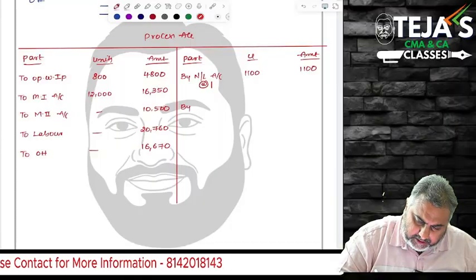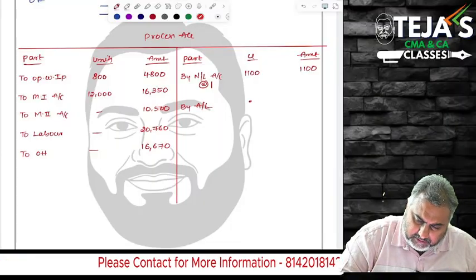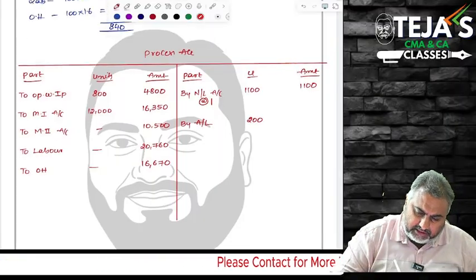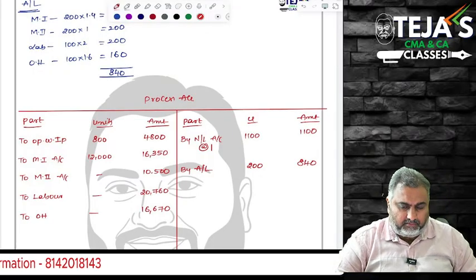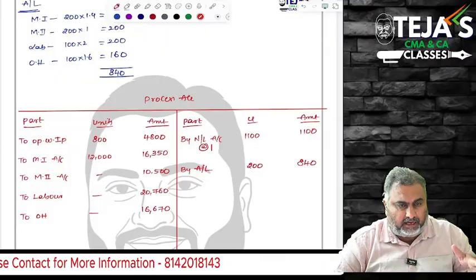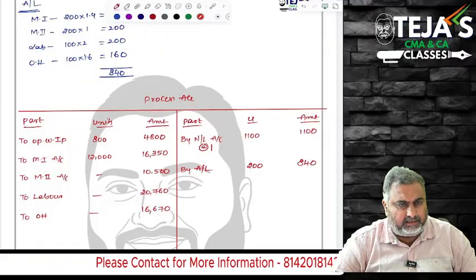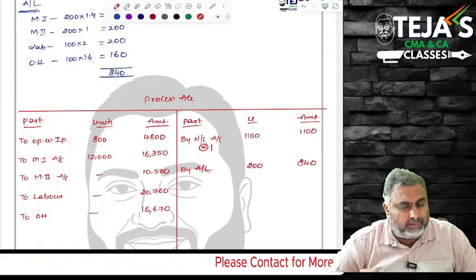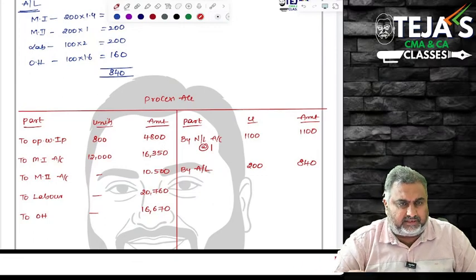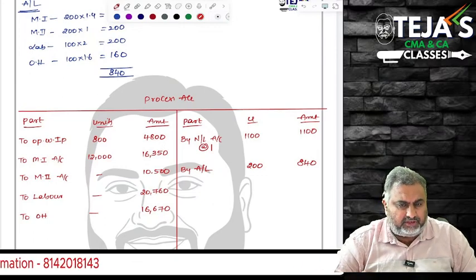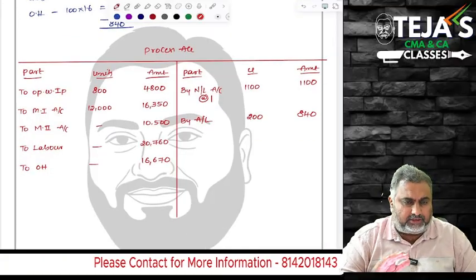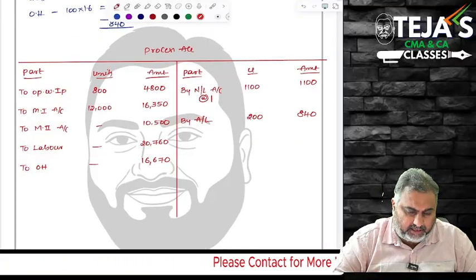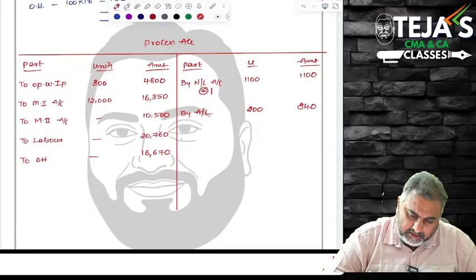Next, by abnormal loss, we got 200 units, and we already calculated the amount, 840. Whatever is other than normal loss that you are crediting, see the question's cost apportionment statement; those amounts are what we are crediting here. By abnormal loss 200 units, 840 rupees.